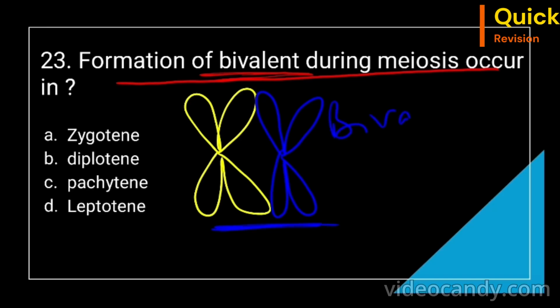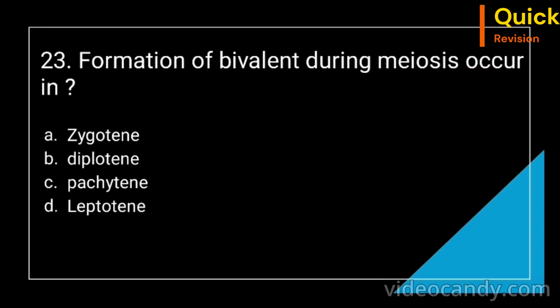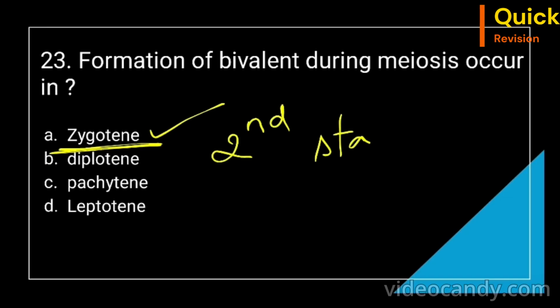This is the bivalent stage, or they also call it the tetrad stage, right? Now this you can observe in the zygotene, that is the second stage of prophase.